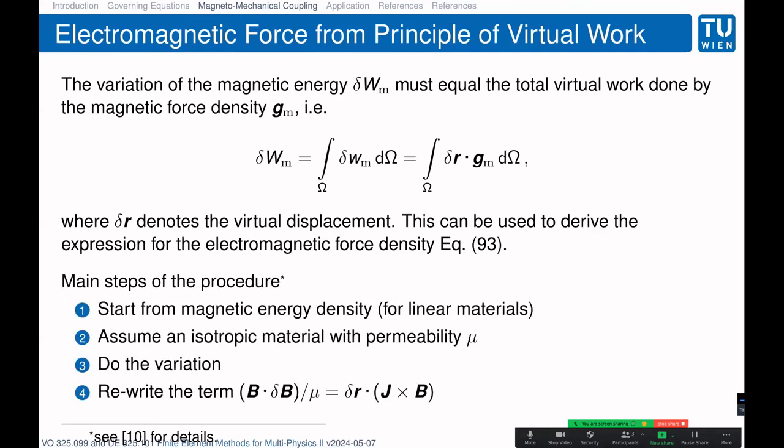The main steps I only give you here. The details are in Manfred Kaltenbach's book in the reference here. So you have to start from the magnetic energy densities for linear materials for simplicity. Assume isotropic material parameters. Do the variation, and then it's a bit of a tricky thing to rewrite this term to obtain the J x B expression.